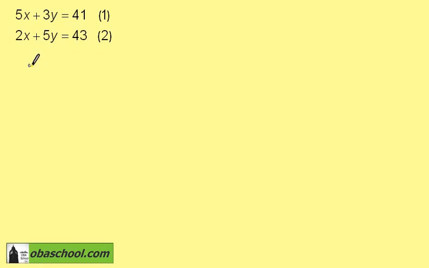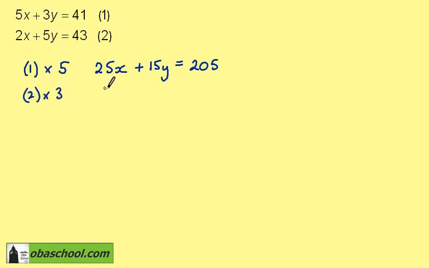We have different numbers of x's and y's, and we can change this by multiplying equation 1 by 5, giving us 25x plus 15y is equal to 205, and multiplying equation 2 by 3, which gives us 6x plus 15y is equal to 129.